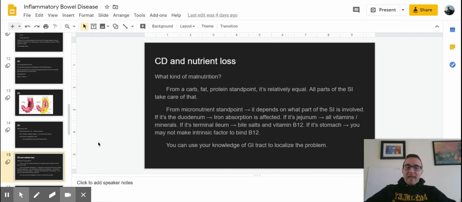And so you're not getting energy intake into you. Think about the vitamins you're not going to get. Vitamin C, all of your B vitamins, iron absorption, bile salts, all of that stuff requires an intact small intestine. So if that's not functioning and you need those micronutrients to help with other body functions, you're out of luck.